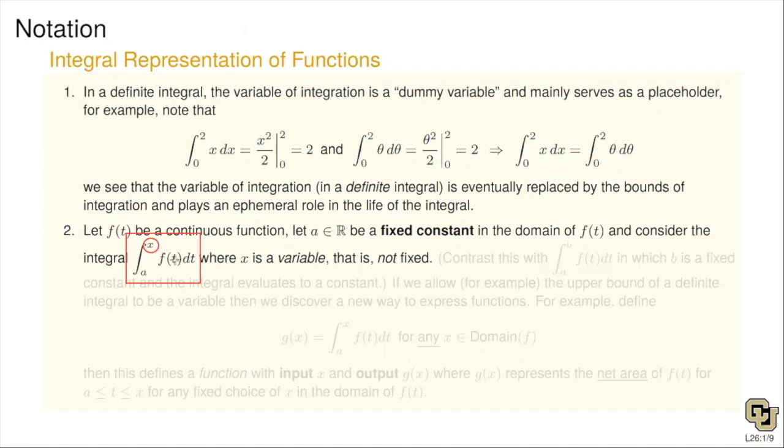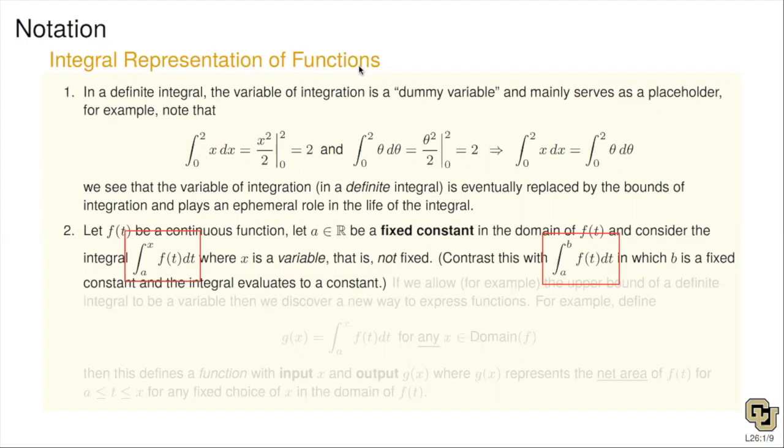Remember, the t dt is not a variable. The t dt is just a placeholder. The only variable here is the letter x. Compare or contrast this with the integral from a to b of f of t dt, where b is a fixed constant.